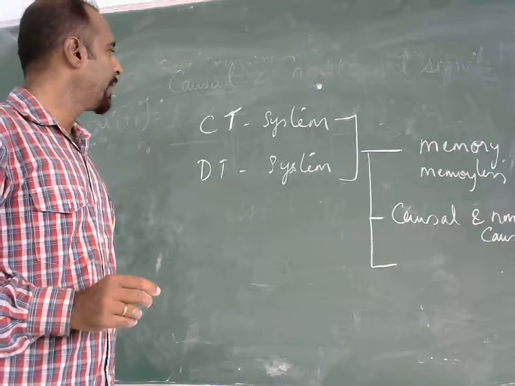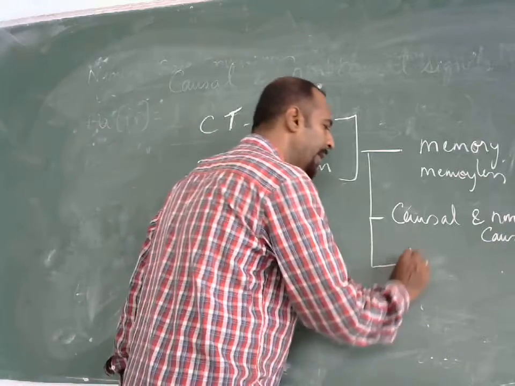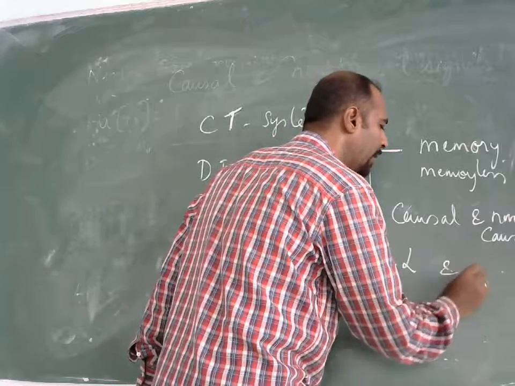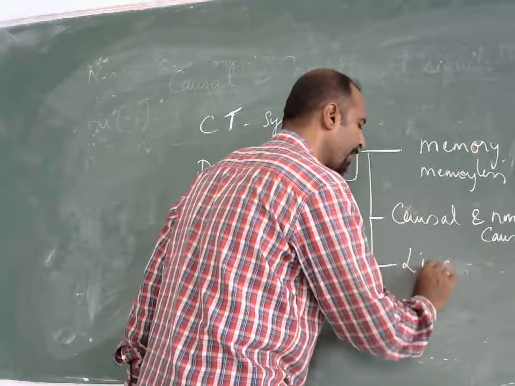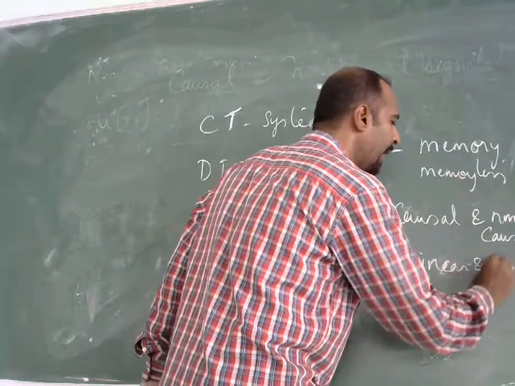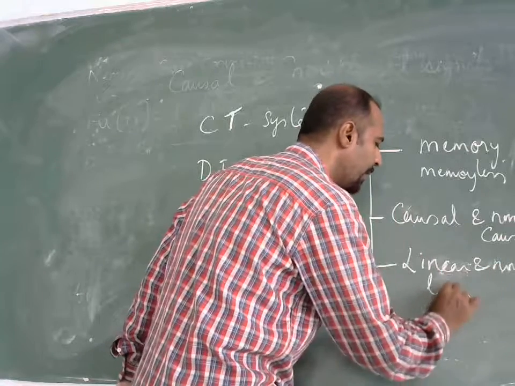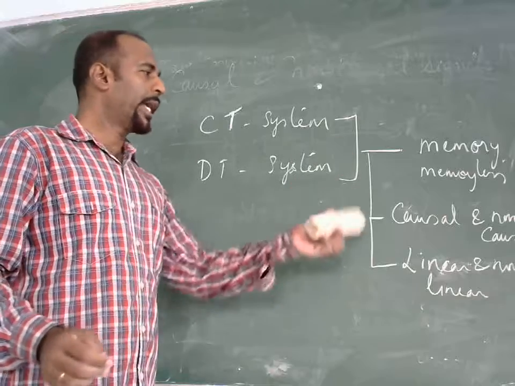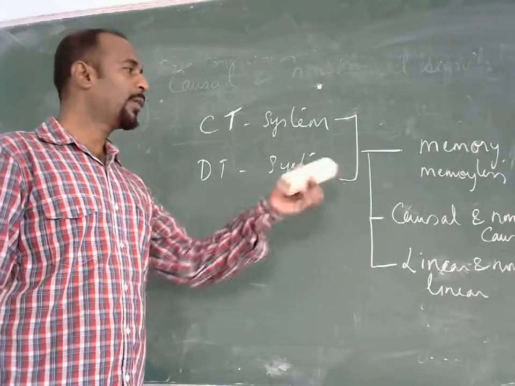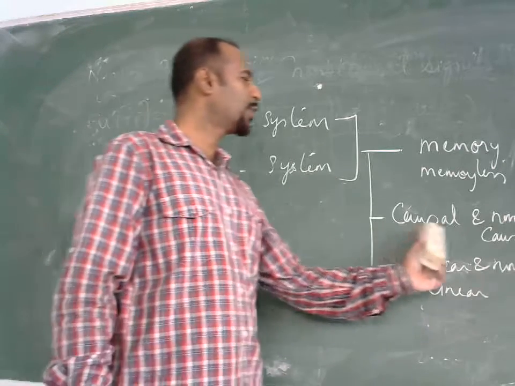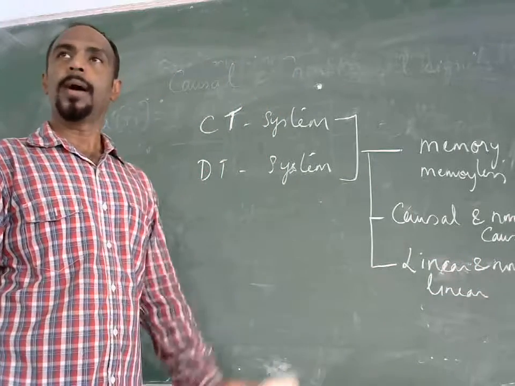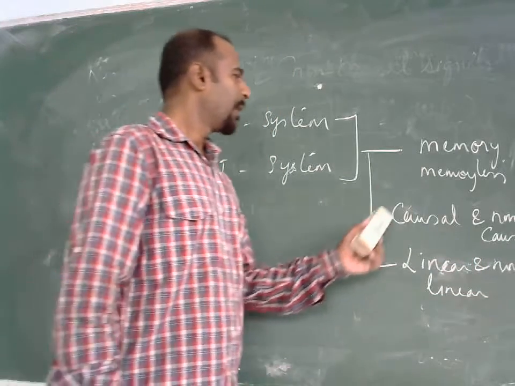Next, we can also classify this as linear and non-linear systems. We will take each of these and understand. We have already understood what a causal and non-causal system is, but we will take each of these and understand.